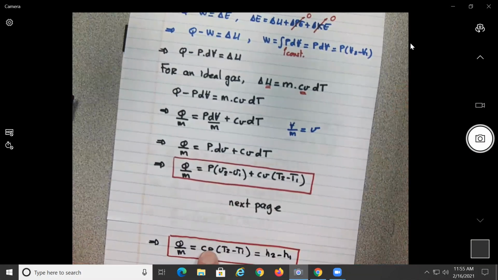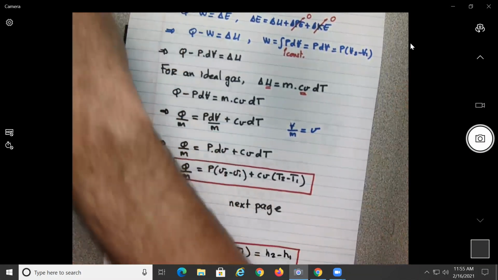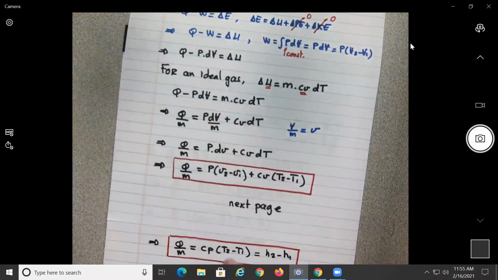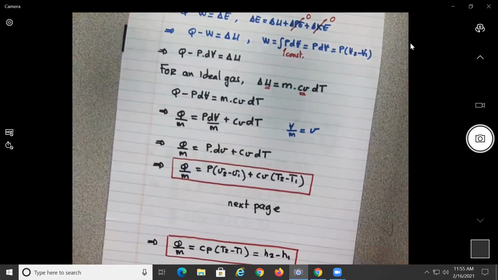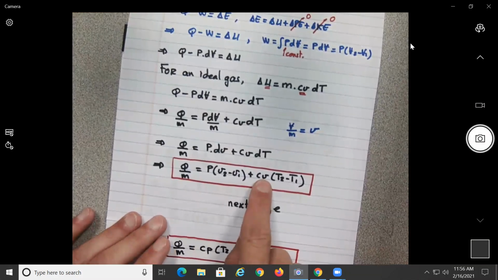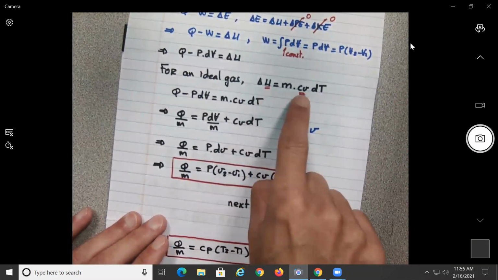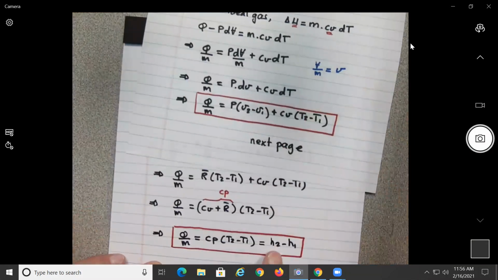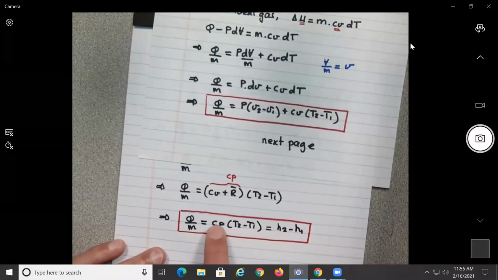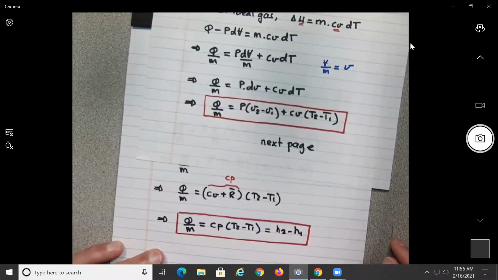But if you use the Cp, within the Cp you already have the definition of the work done by the pressure, no? Okay? So that's it. The concept is important, but what is important here is that you recognize that internal energy will always be related to the Cv, and that enthalpy will always be related to the Cp. That's really the important part that you need to recognize over here.